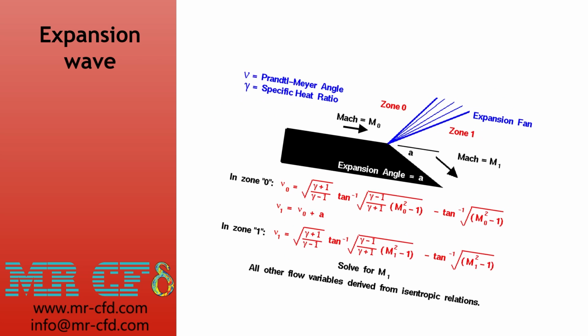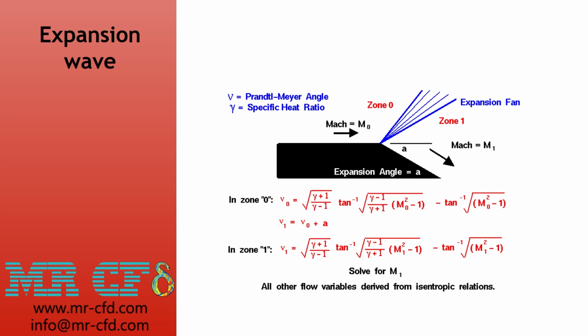Across the expansion fan, the flow accelerates, velocity increases, and the Mach number increases, while the static pressure, temperature, and density decrease. Since this process is isentropic, the stagnation properties like total pressure and total temperature remain constant across the fan. The theory was described by Theodor Meyer in his dissertation in 1908, along with his advisor Ludwig Prandtl, who had already discussed the problem the year before.